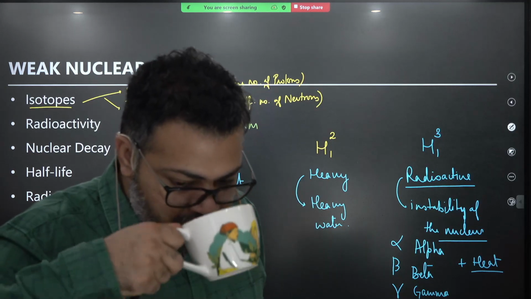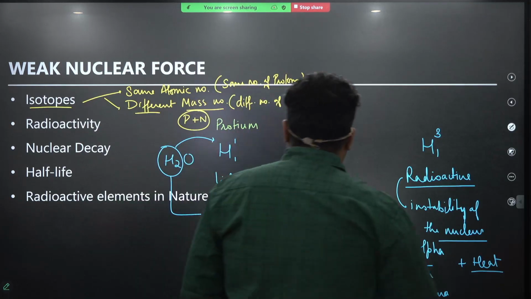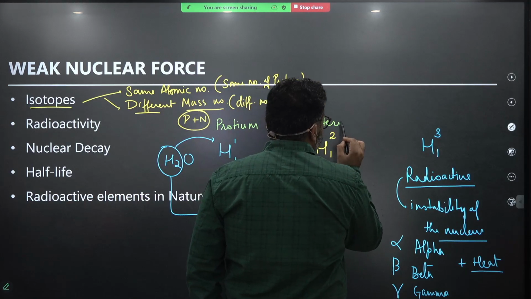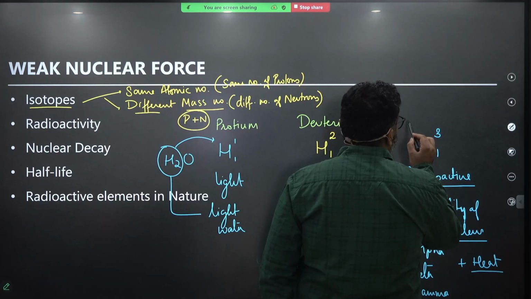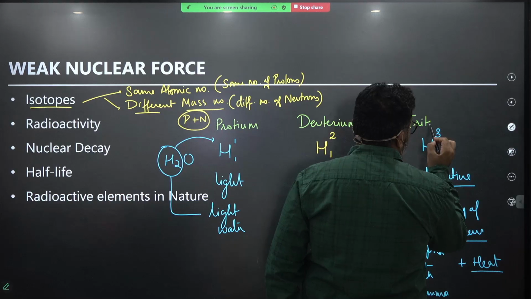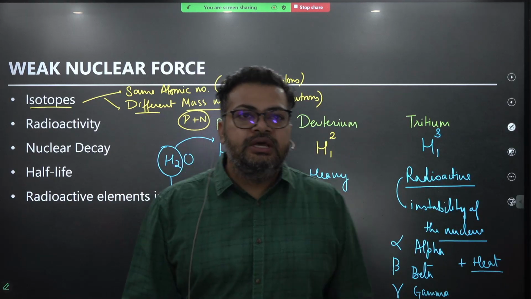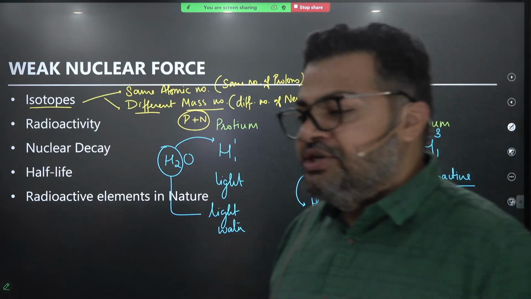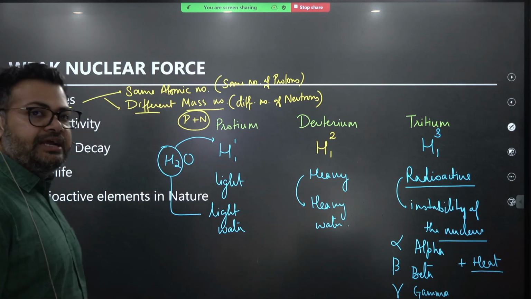Heavy hydrogen's actual name is deuterium. And radioactive hydrogen's actual name is tritium. These are the three isotopes of hydrogen: protium, deuterium and tritium. Out of these three, tritium is radioactive, protium is the lightest, and deuterium is heavier.